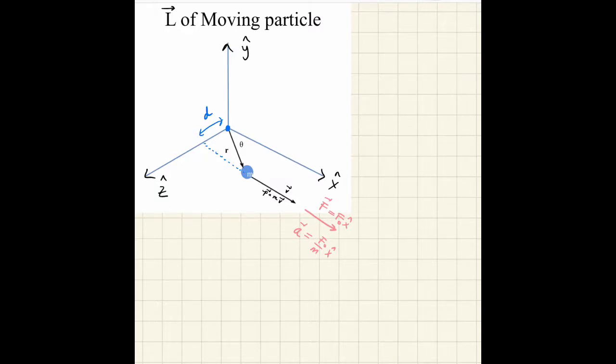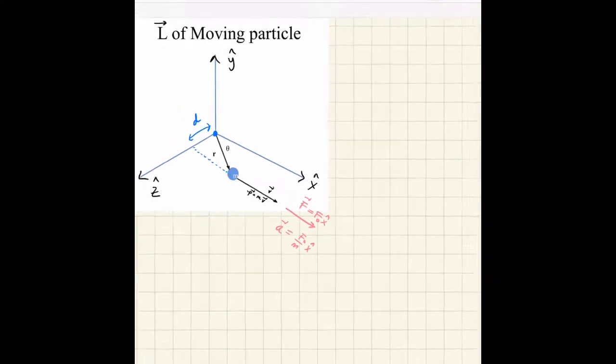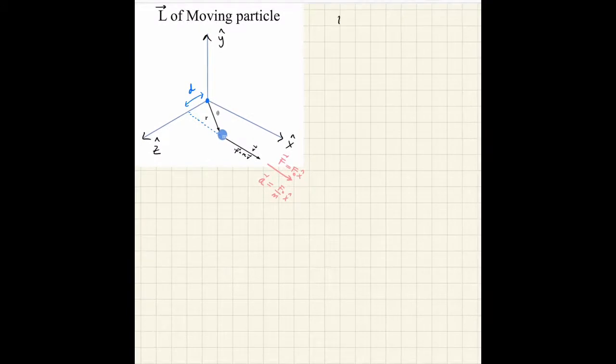If I was going to calculate the angular momentum of this particle, I would assume that this is the origin for my r vector. It's not really an axis of rotation, because this thing isn't rotating. So it's more of a chosen origin with a position vector. And I can right away go ahead and find the angular momentum.